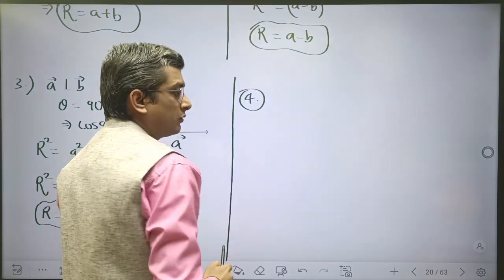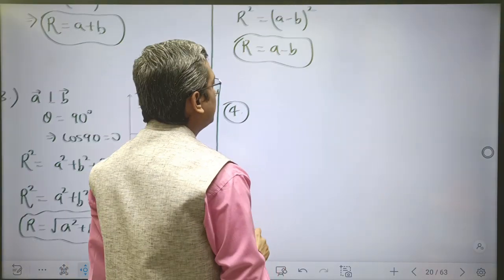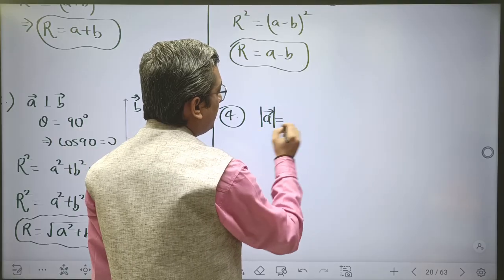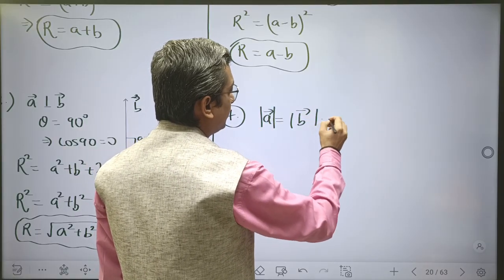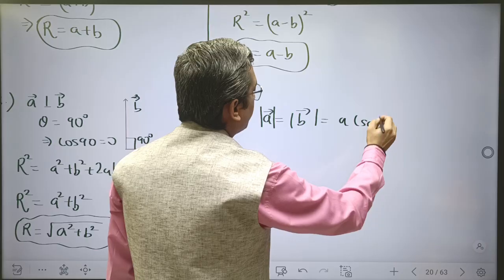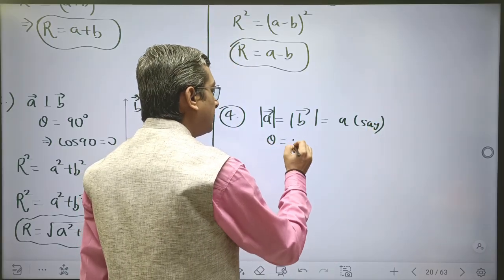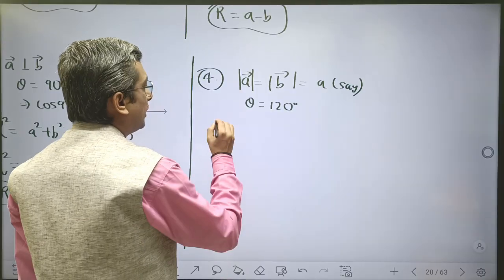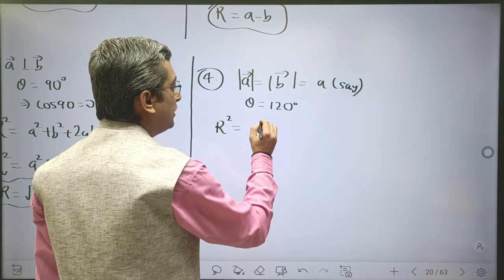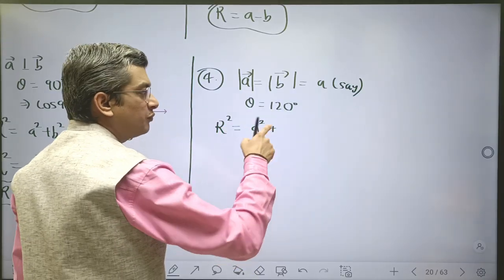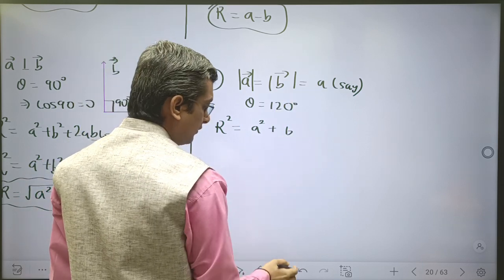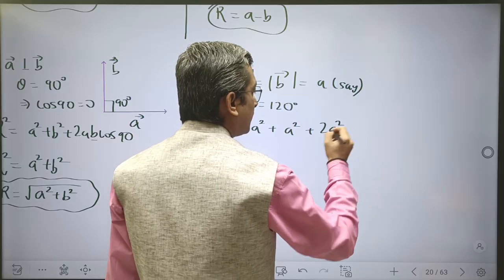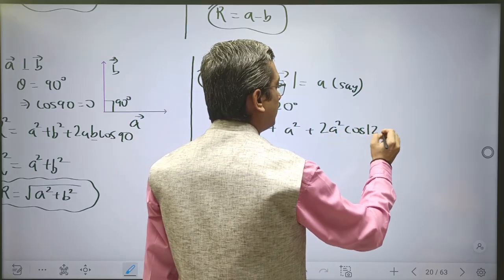And the last but not the least, an important case: suppose the two vectors have the same magnitude, say A, and the angle between them is 120 degrees. So what happens? r square is given by a square plus, instead of b square, we can write a square because both vectors have the same magnitude, plus 2ab, that is 2aa, times cos 120.